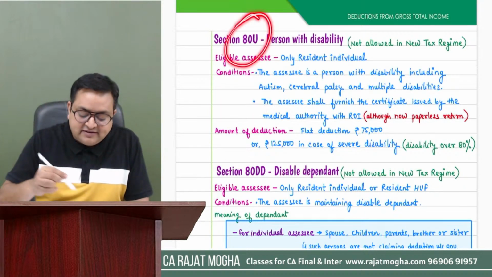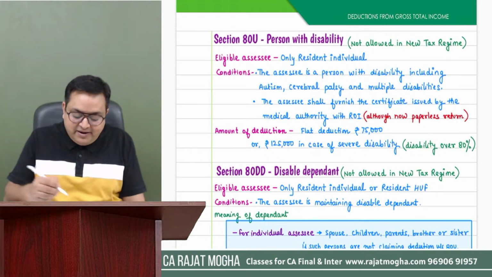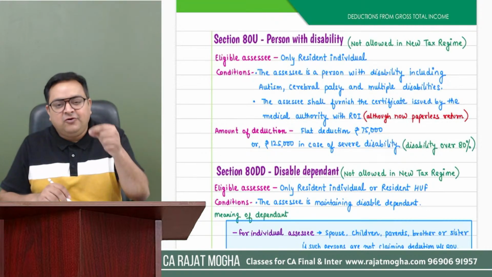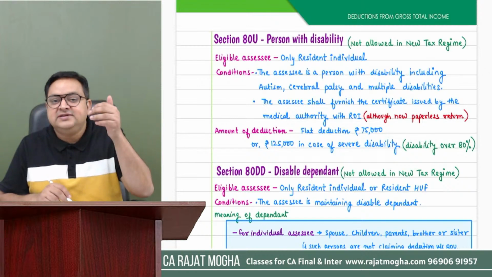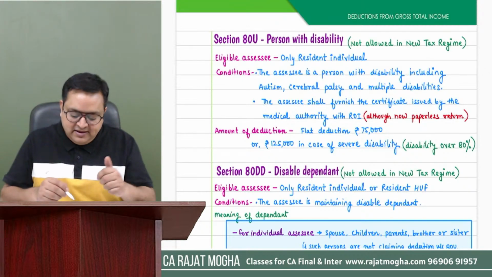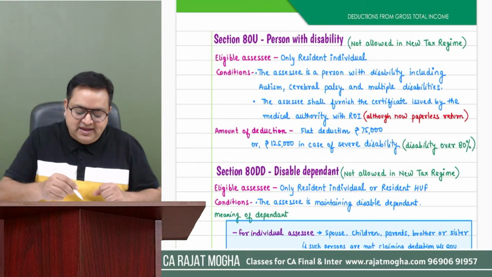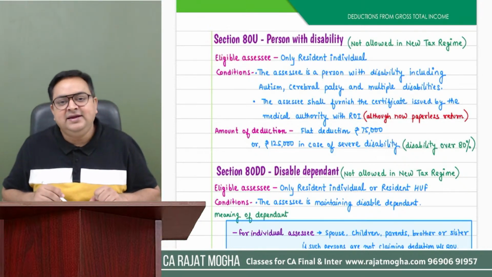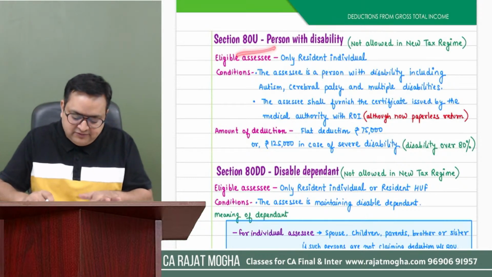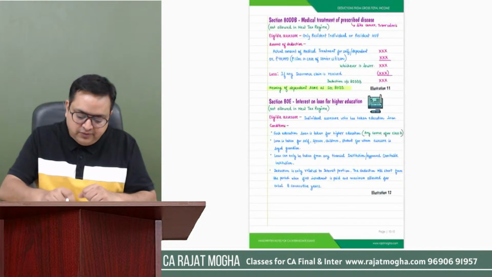But in 80DD, the person who is dependent on the assessee was disabled: assessee's spouse, children, parents, siblings, brother or sister. But if the assessee himself is disabled, then they can claim deduction under section 80U. Otherwise, everything is same, right? So it is 80U if the assessee himself is disabled. So this was 80DD and 80U.